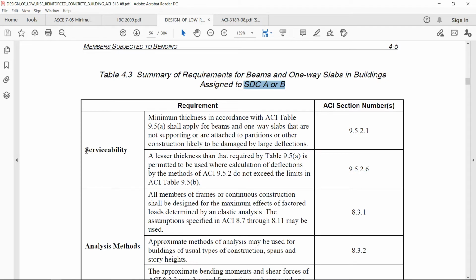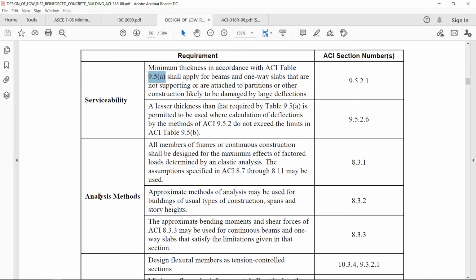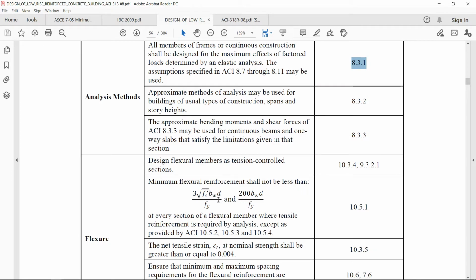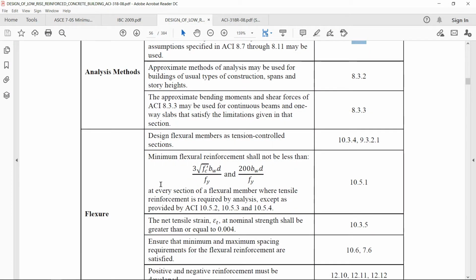For example, serviceability. It says that the minimum thickness should be according to table 9.5a. For method of analysis, you should follow section 8.3.1, 8.3.2, etc. When you are designing the member for flexure, you must provide minimum reinforcement as per 10.5.1.